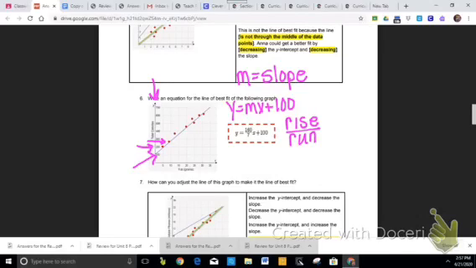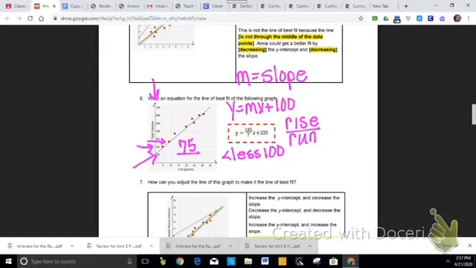We're going up less than 100, but how much less than 100? So we sort of have to estimate. We would have not quite 100, so maybe rise 75.